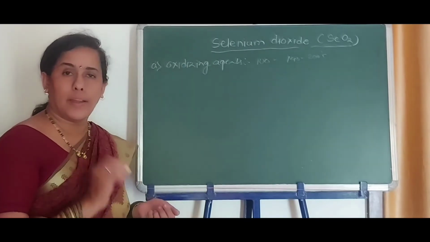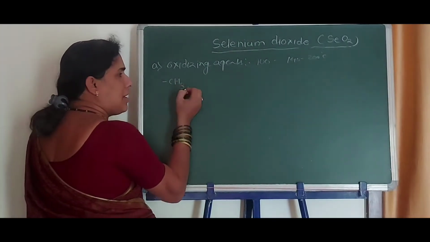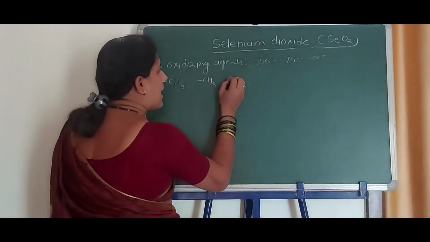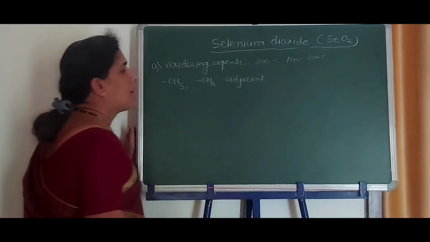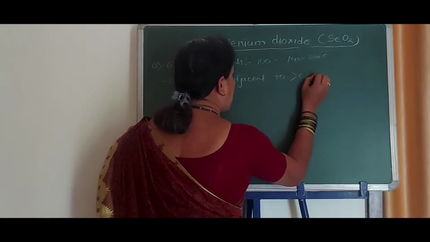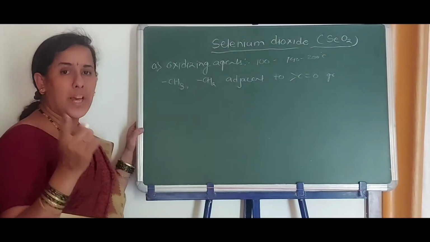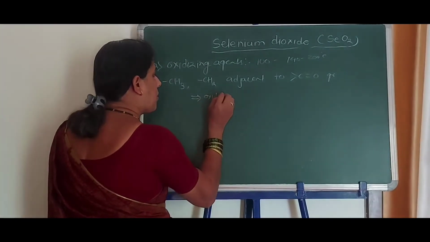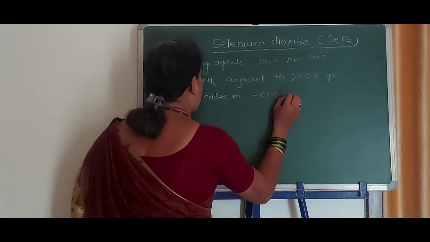The compounds containing other groups like CH3 or CH2 which are adjacent to a carbonyl group, those groups are oxidized to a CHO group.